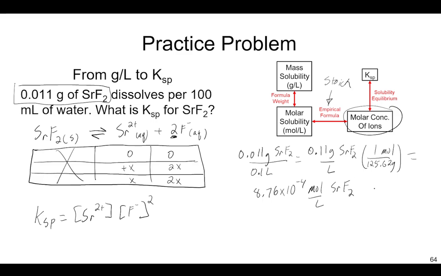This moles per liter of strontium fluoride, well, there is one strontium fluoride that generates one strontium. So this moles per liter solubility also represents the concentration of strontium at equilibrium. And because there's a 1-to-2 ratio between strontium fluoride and the fluoride ion, twice this number will be the fluoride concentration at equilibrium.